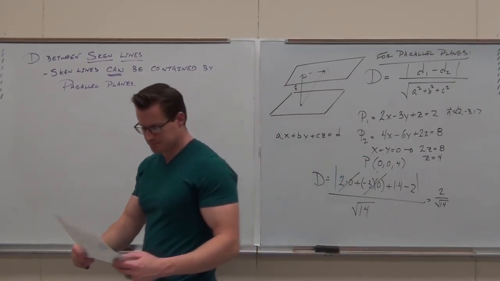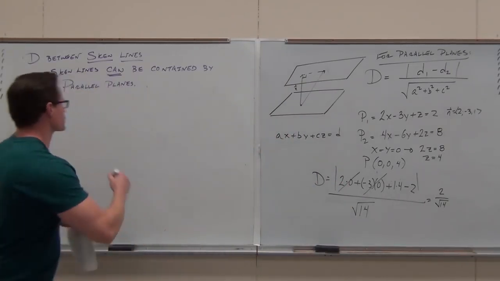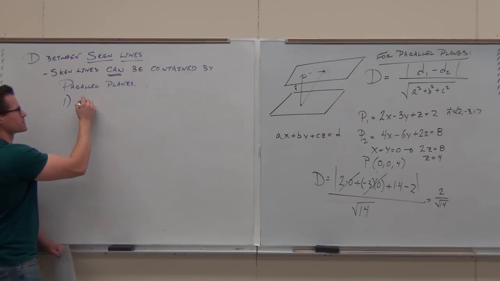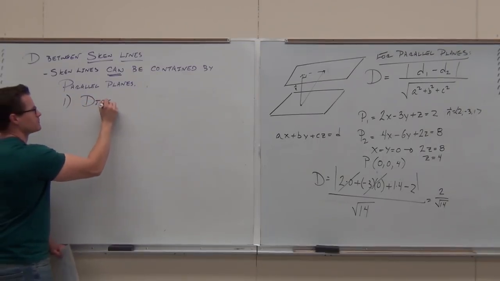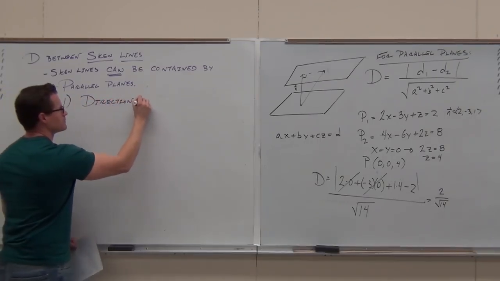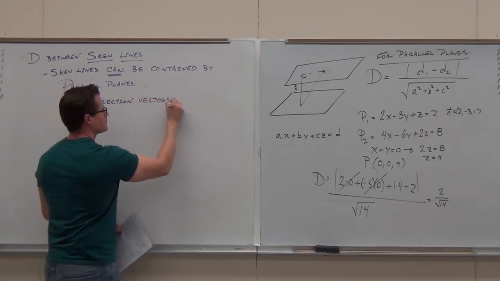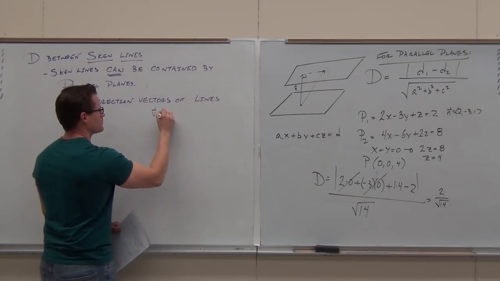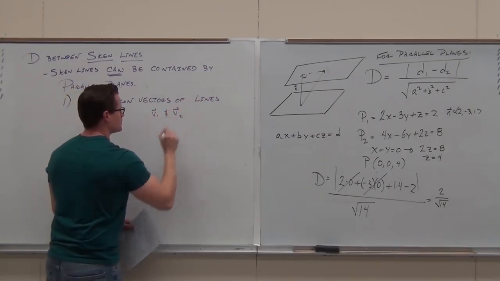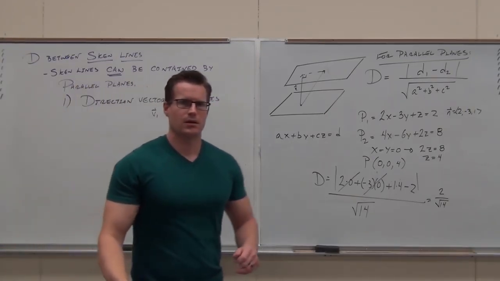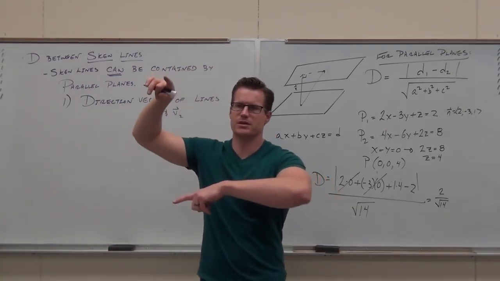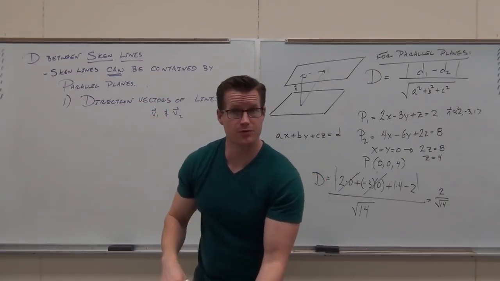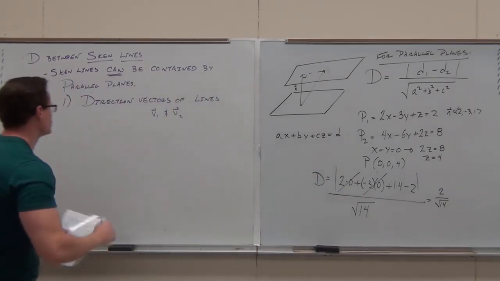So how we can do that, lines have direction vectors. So what you would do first, you'd find the direction vectors of your lines. If those direction vectors are in planes that are parallel, they will have a common normal. You find the normal between those vectors. That will be the normal of the plane.